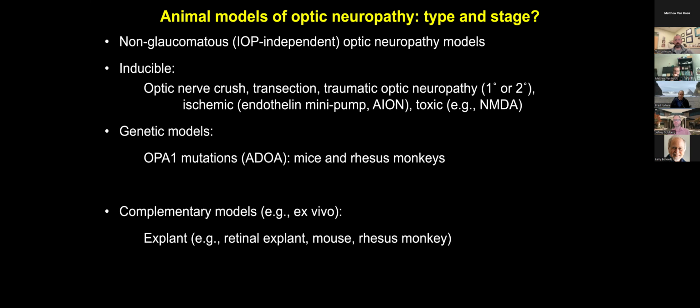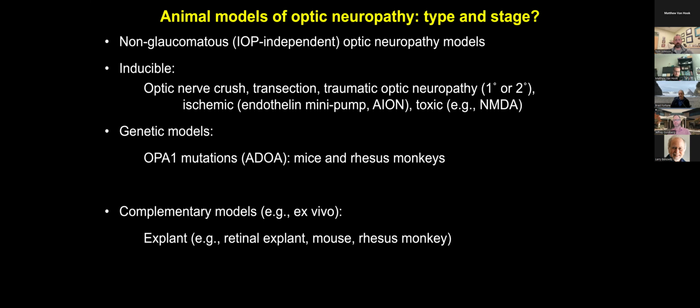Other genetic models include OPA1 mutations, that is a homolog to autosomal dominant optic atrophy in mice, and recently from the UC Davis group, Sarah Tomasi, Alam Moshiri, and colleagues at Baylor have discovered OPA1 mutations in rhesus macaques who develop an optic neuropathy that looks very much like autosomal dominant optic atrophy.